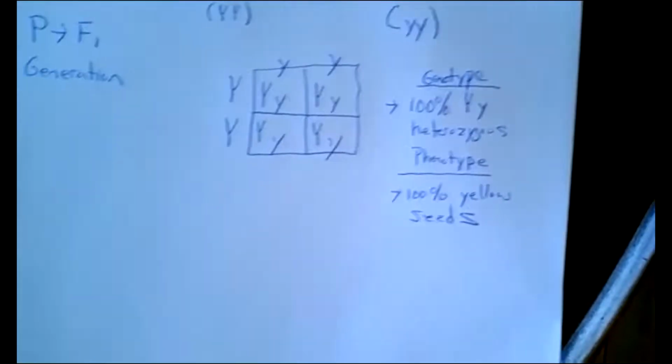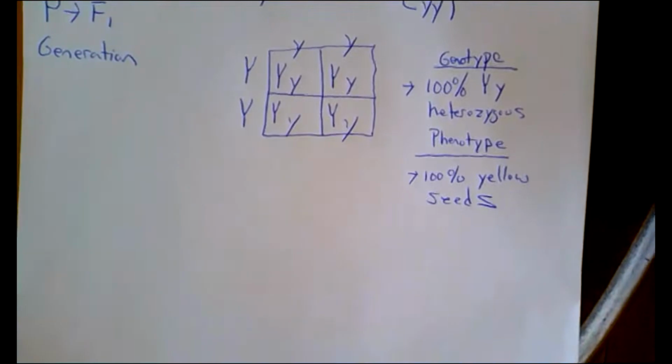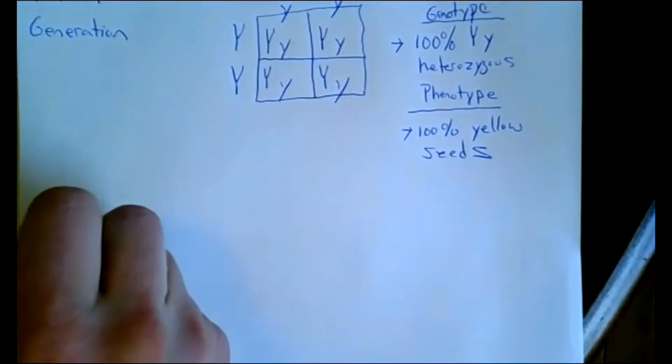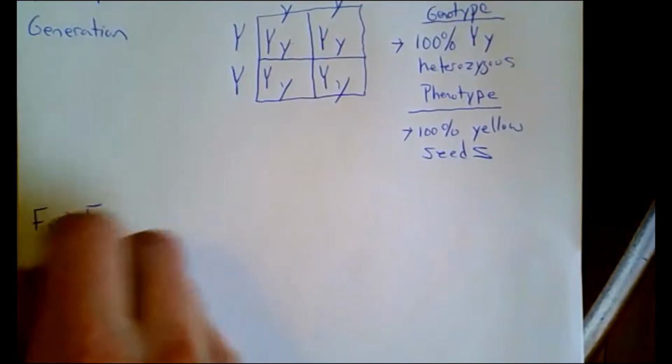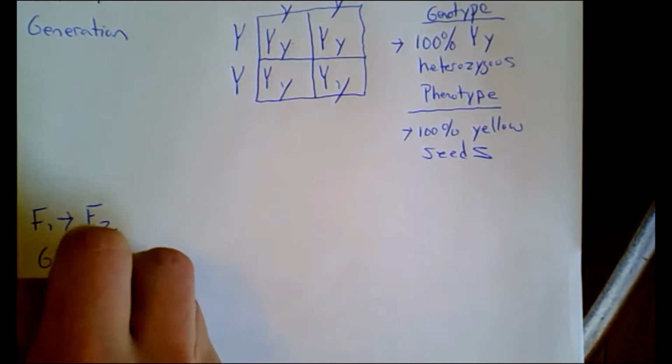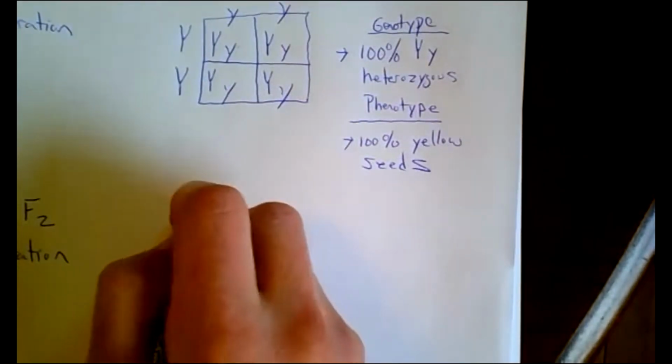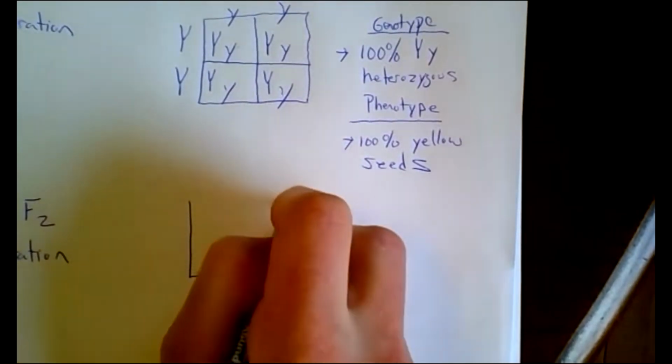Of course, Mendel didn't stop there. That's not very interesting. What got interesting is when he took these F1 plants that were heterozygous, bred them together to make his F2 generation. So place my Punnett square again.